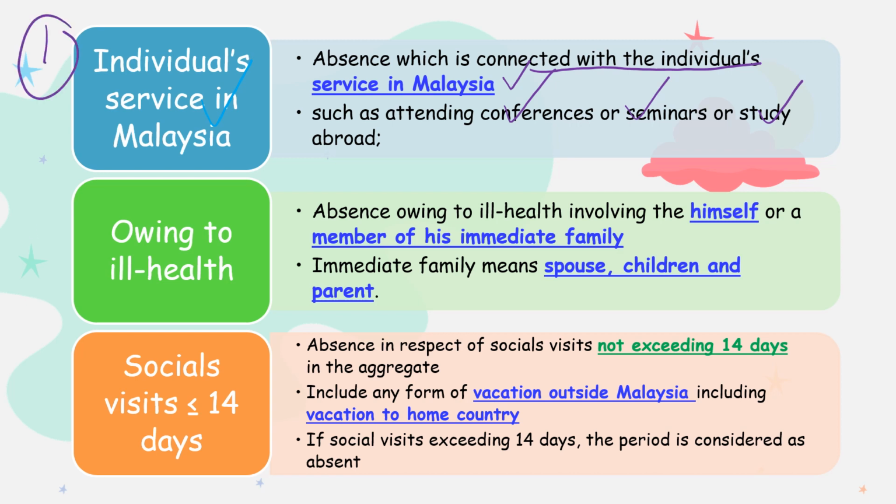Okay, category number 2, owing to ill health, meaning to say somebody is sick. So in this case, absent owing to ill health means the taxpayer is not in Malaysia because of, who is sick? Number 1, himself. He himself is sick. For example, let's take me as an example. Let's say that I am sick, so I need to get treatment overseas. Let's say I have to get treatment at a hospital in Singapore.